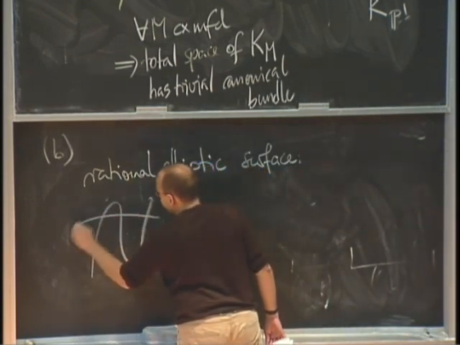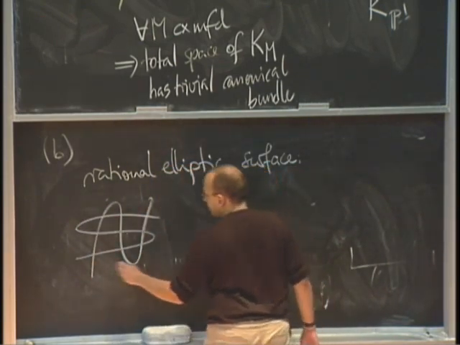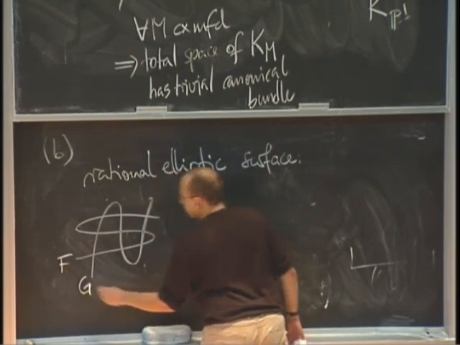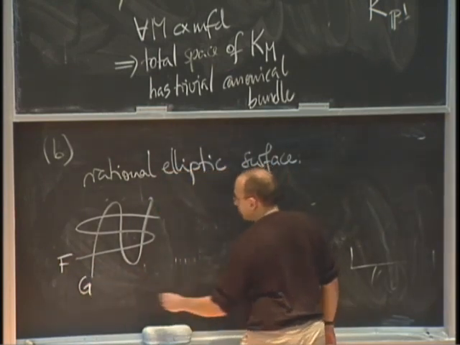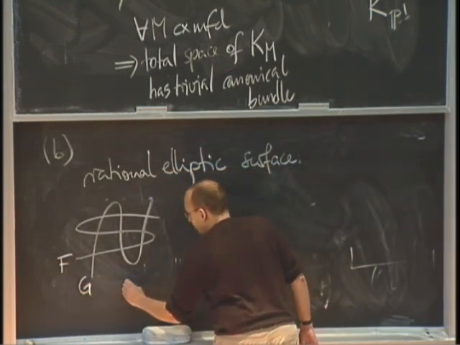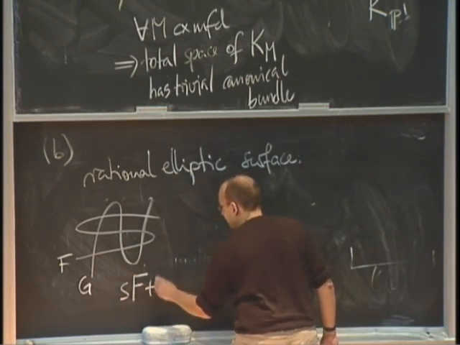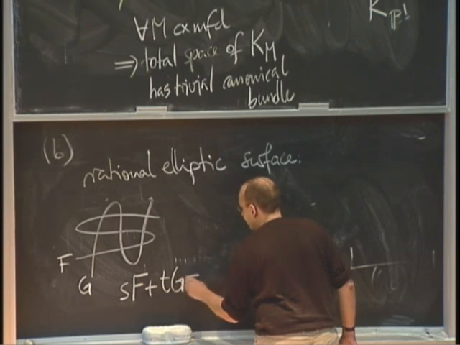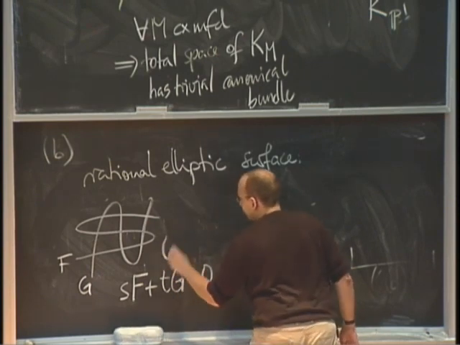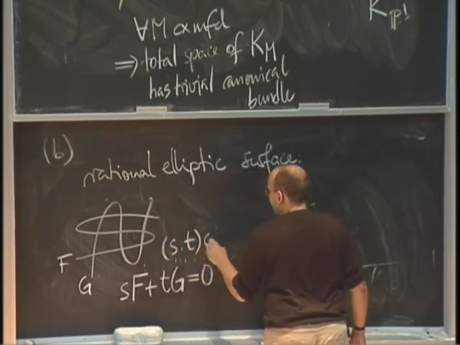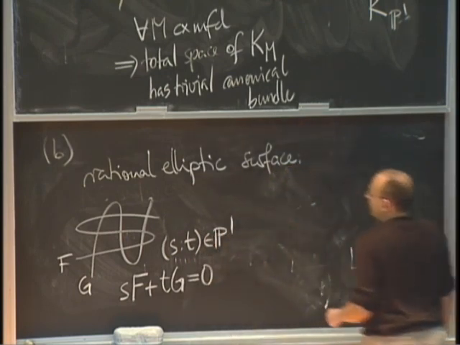So you start with a pencil of cubic curves in the plane. So you have F, G, cubic curves in the plane intersecting in 9 points. And then you're looking at the family of cubics passing through these 9 points: SF plus TG equal to 0, where S and T range over P1.